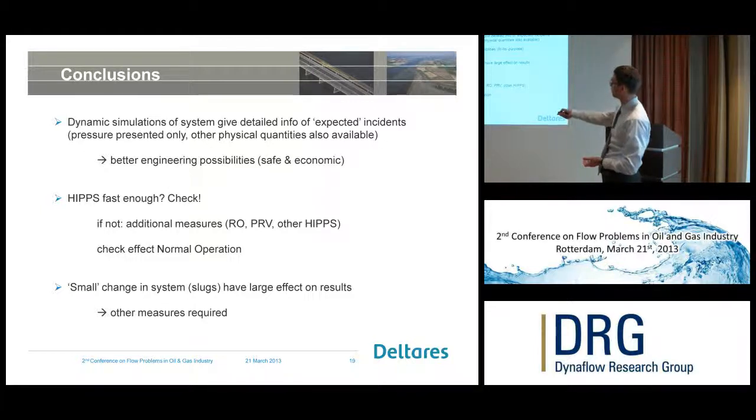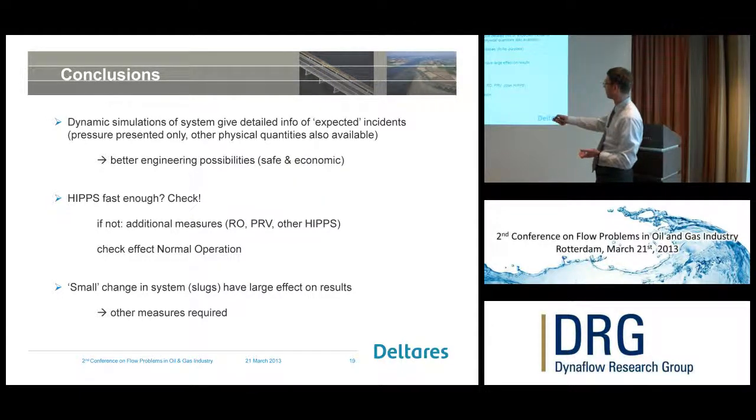The second point is that a relatively small change, well, you can argue if it's small or not, a change in your system, in this case a slug, can have a very large effect. So you really have to make sure that the worst case scenario that can occur is also a scenario that is realistic.